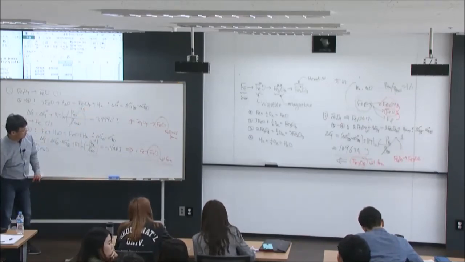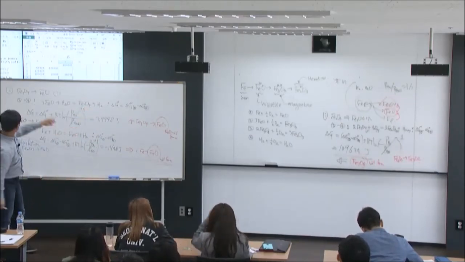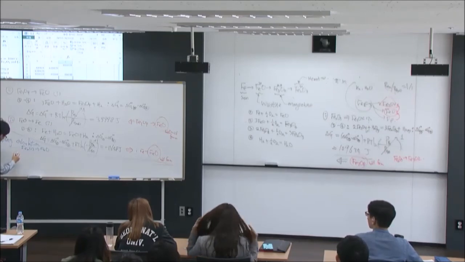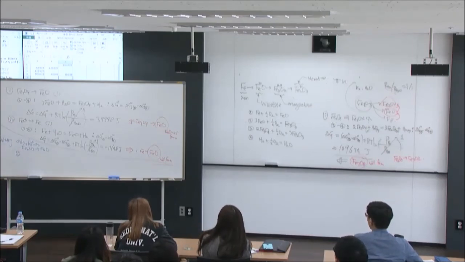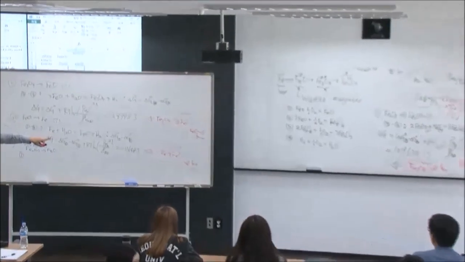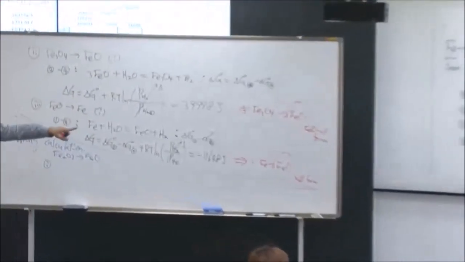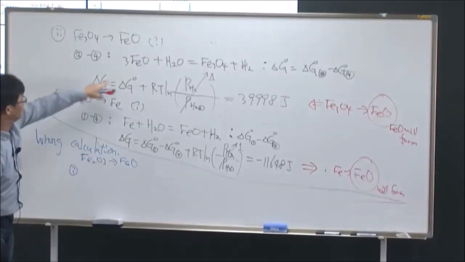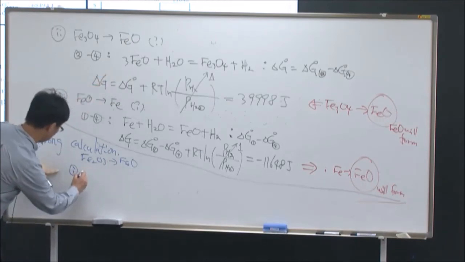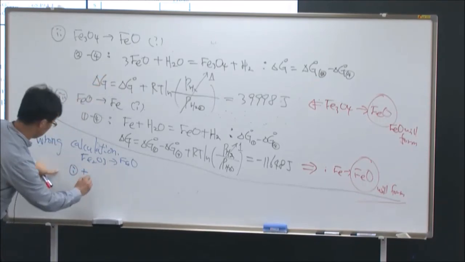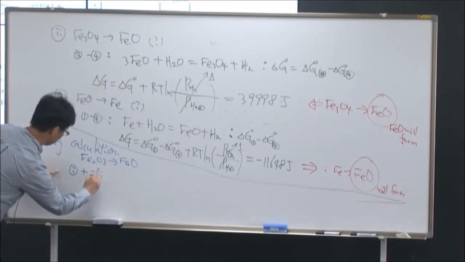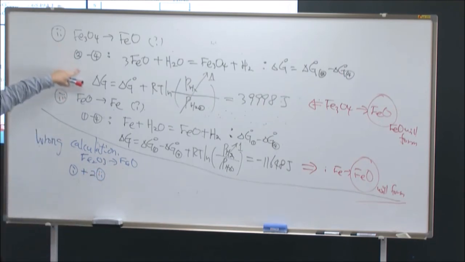So if I mix the first one, so first one, that was 3 moles of Fe2O3 and 2 moles of Fe2O3, and then plus 2 of the reaction 2. So this one. Okay?